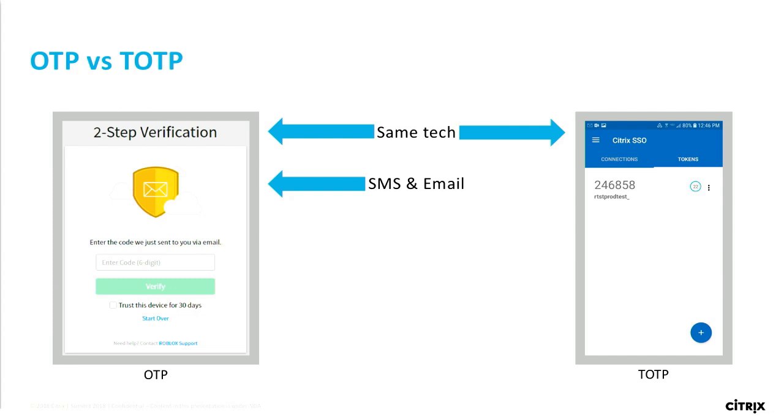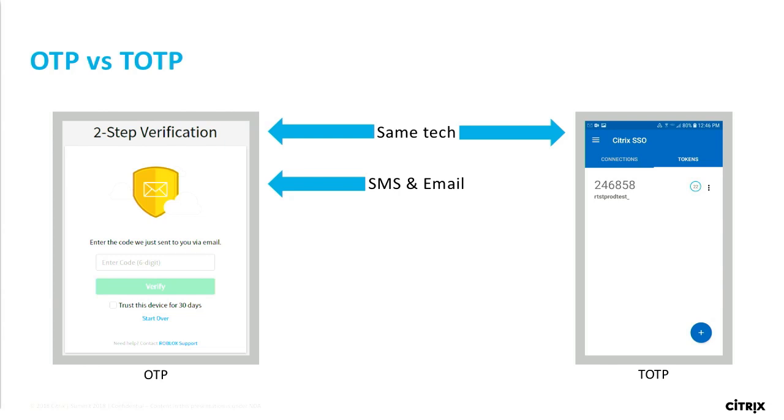Or if you don't have access to SMS, it could email it to you. So here's the problem. Email, you're signing in with a password. So this OTP no longer is an additional factor. It's not something you have, because I can access the email with something I know, get that token, and enter it in there. So I've eliminated that something you have factor. There is no something you have.